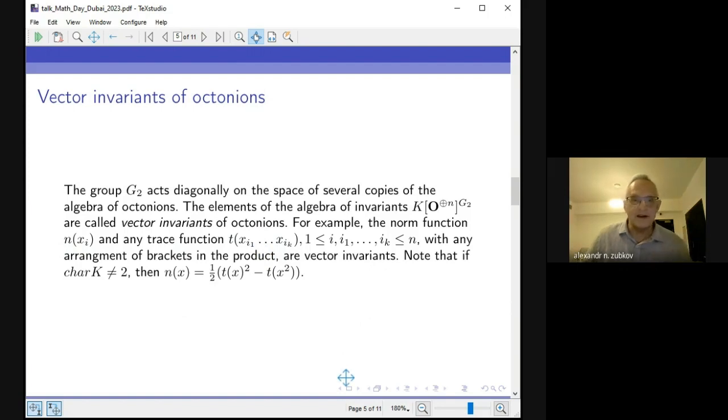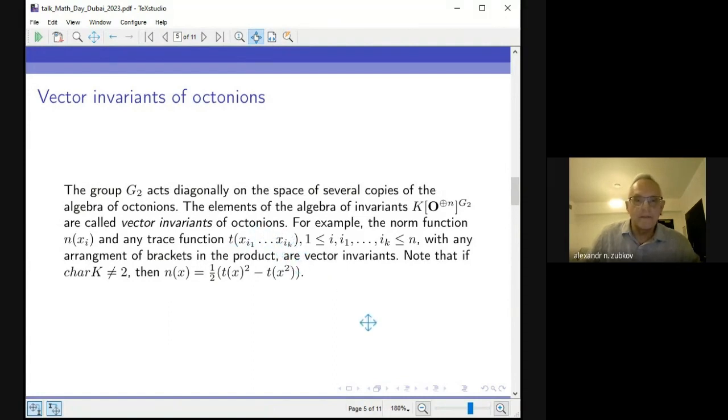But here I have to emphasize that you can put the brackets in these products in many different ways, because our algebra is not associative. So for this product of several octonions, I can consider the product in many different ways, and the result is not uniquely defined.